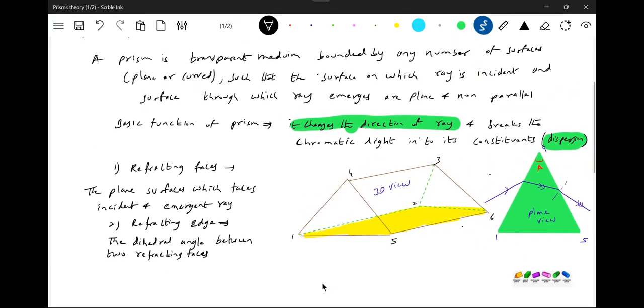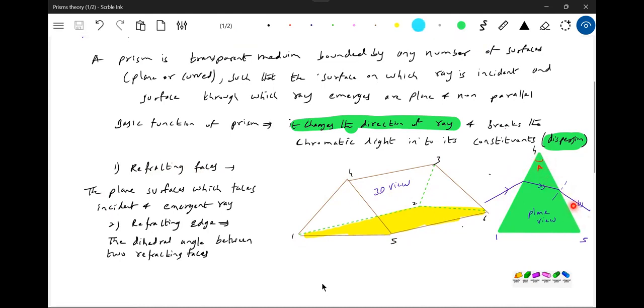What all I'm explaining is related to this. It tells what the refracting faces are. Already I told you, 1, 2, 3, 4 will be a refracting face. Similarly, 3, 4, 5, 6 will be the other refracting face. Where the ray is incident, it is incident on the surface 1, 2, 3, 4, and the emergent ray is at 3, 4, 5, 6.